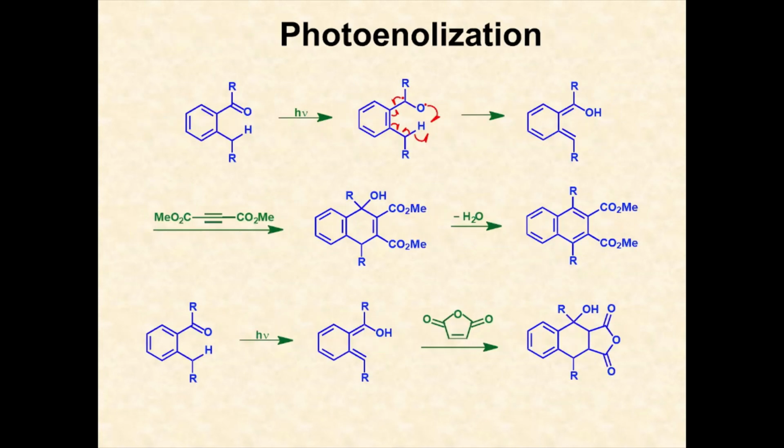Okay, so another example is photoenolization, and a couple of examples have been shown over here. The first one goes with this aromatic aldehyde compound, or rather an aromatic carbonyl compound, having an aliphatic chain over here, and under photoirradiation the carbonyl compound gets excited, and this photochemical reaction takes place, producing this diene system and also the enol over here.